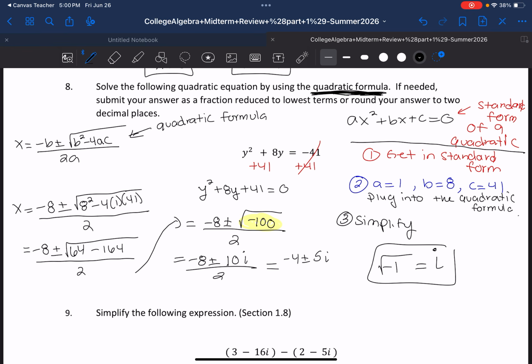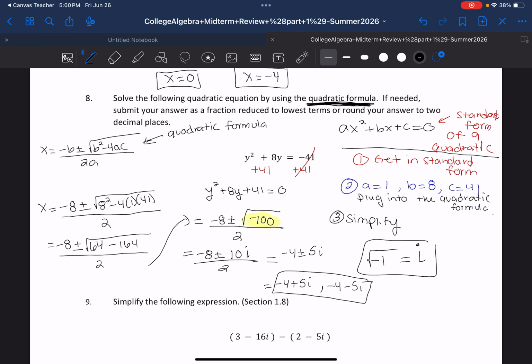It's technically negative 4 plus 5i and negative 4 minus 5i. So there's 2 answers because of that plus or minus, but if you put this in as your answer, I would accept it. Okay, so that would be the final answer.